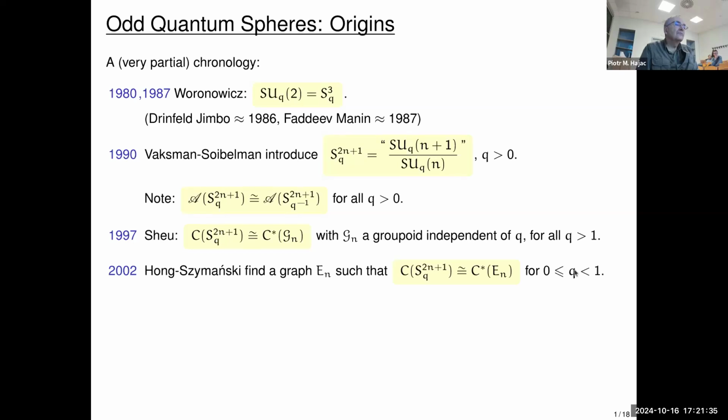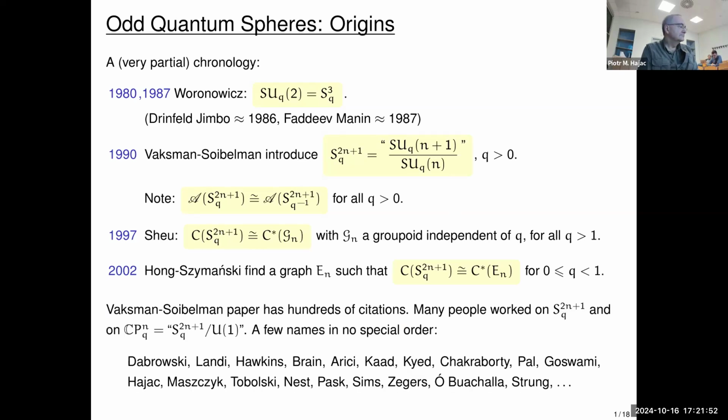So here in this paper, Q is between 0 and 1, but now 0 is included. This was not included in the previous paper, and now 0 is included. You have to be careful when you define these algebras for Q equal to 0, but you can do it, and it is still independent of Q.